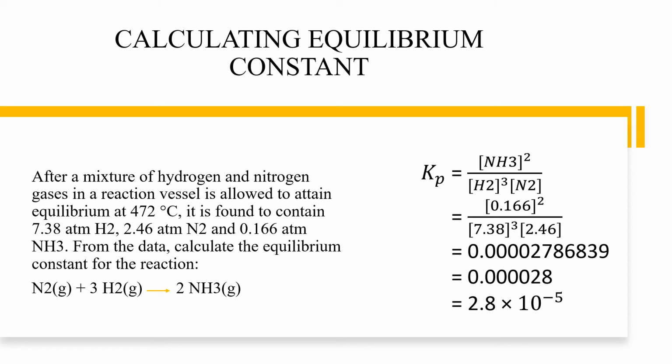They gave you the concentrations, concentration of NH3 which is 0.166, concentration of H2 7.38, and concentration of N2 which was 2.46. Once you write this in your calculator, you are going to get 2.8 times 10 to the power minus 5 as the value of the equilibrium constant.